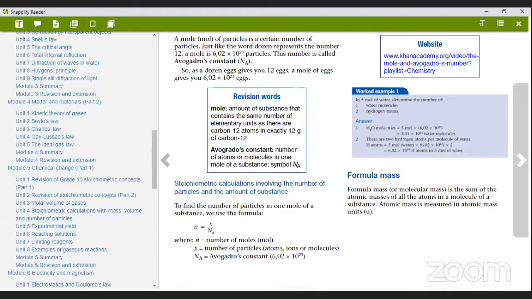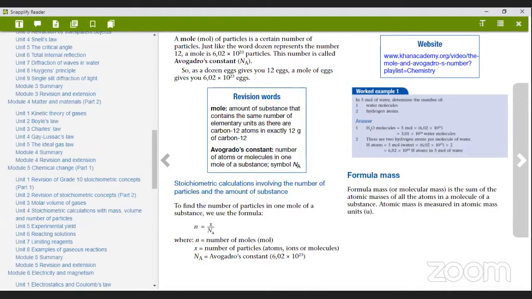So the amount of moles is given in the Avogadro constant. Okay, so to find the number of particles of one substance, we can use the formula. We can go back to this formula that I mentioned to you: N is equal to X, which is the number of particles, divided by the Avogadro constant.